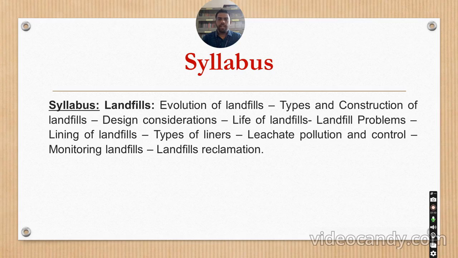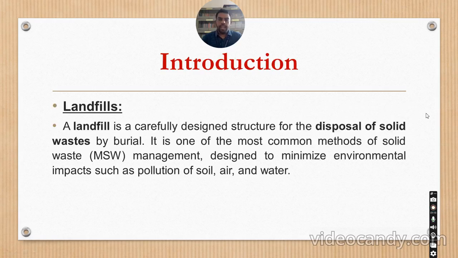Here, the definition of a landfill: it is a carefully designed structure for disposing of solid waste by burial. It is one of the most common methods of solid waste management and is designed to minimize environmental problems such as pollution of air, soil, and water.